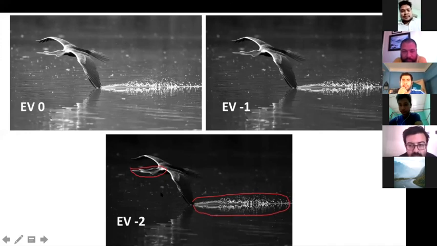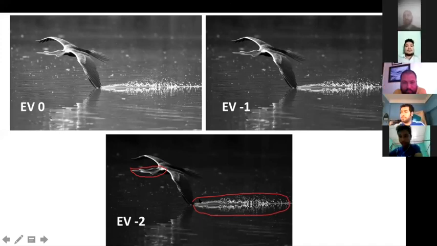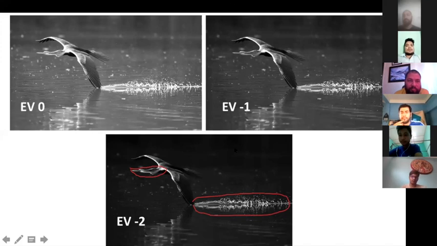If I compensate the exposure by -2 stops, this is probably the best compensation I can give to bring out the details in the areas that I need. I don't want details here. I don't want details here. I need the details here. I need the details here. So by compensating the exposure by -2, I can get the detail.